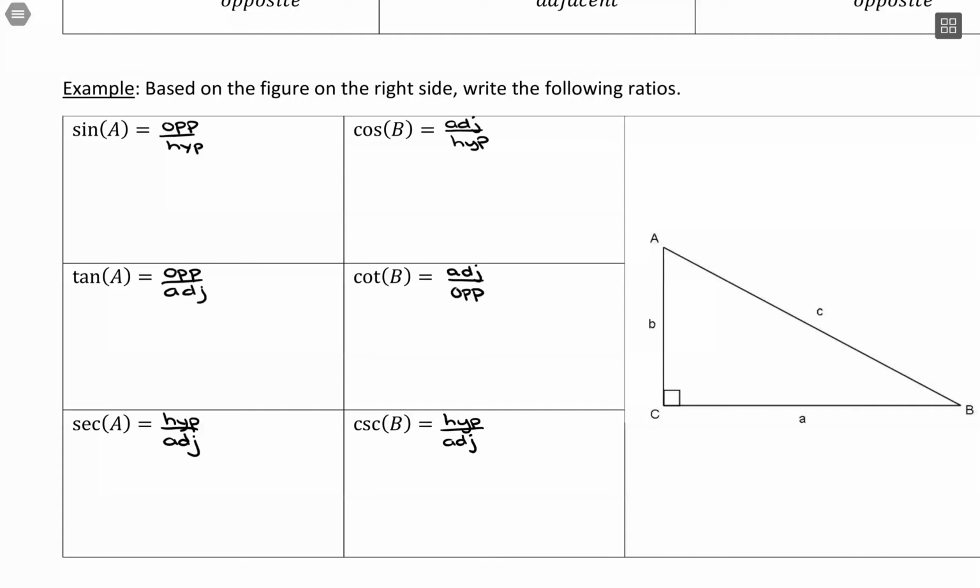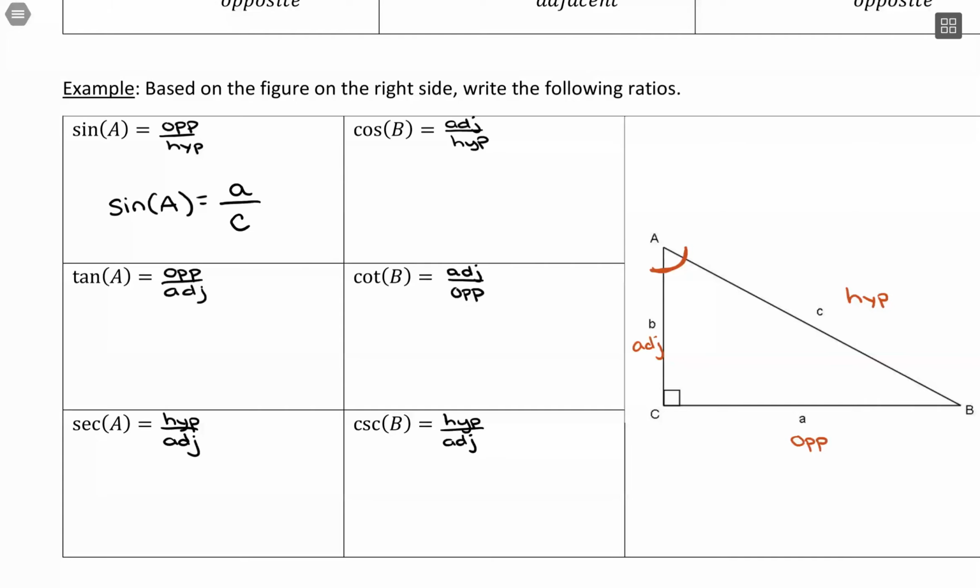All right, so let's start with these ones that are focusing on A. So I'm going to think about being here at angle A, which means C is our hypotenuse, A is going to be opposite, and then B would be adjacent. So for sine of A, I want opposite over hypotenuse, so that's going to be little a over little c.